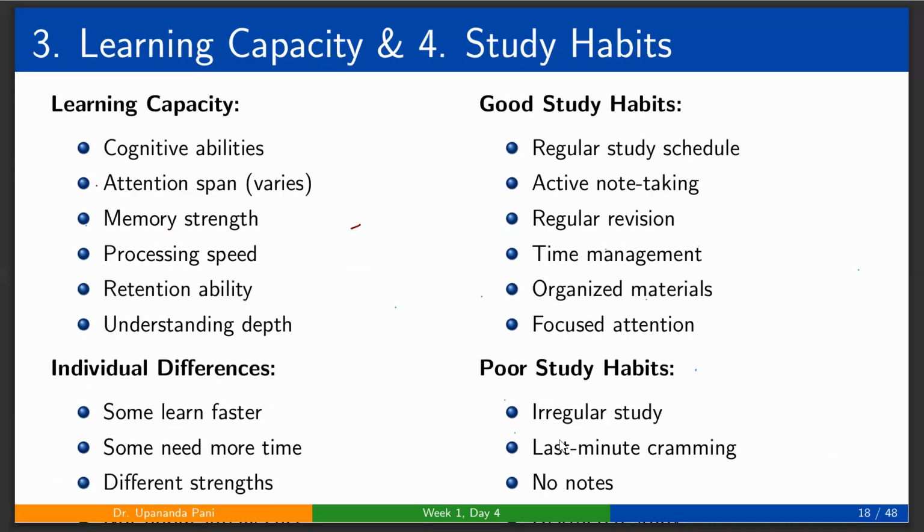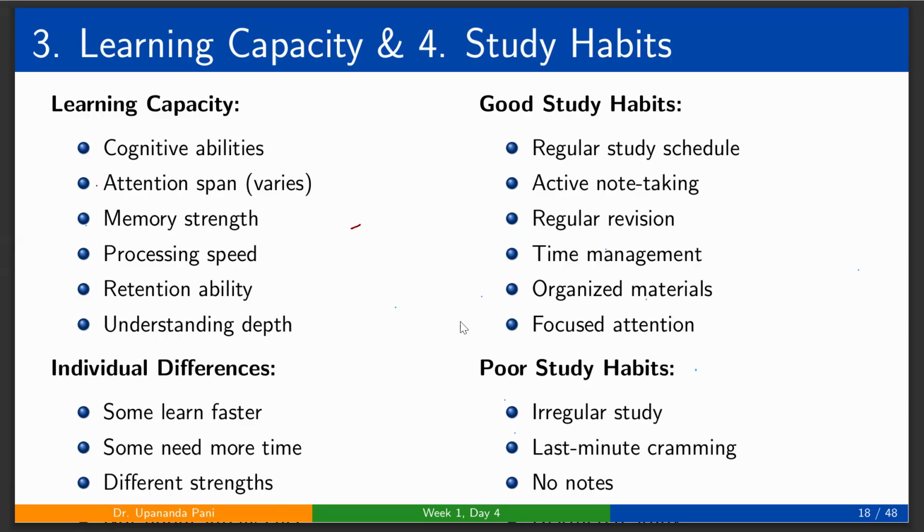Next is learning capacity and study habits. How can learning capacity be enhanced? One factor is cognitive abilities: attention span, memory strength, processing speed, retention ability, understanding depth. There will be individual differences: some learn faster, some need more time, with different strengths.